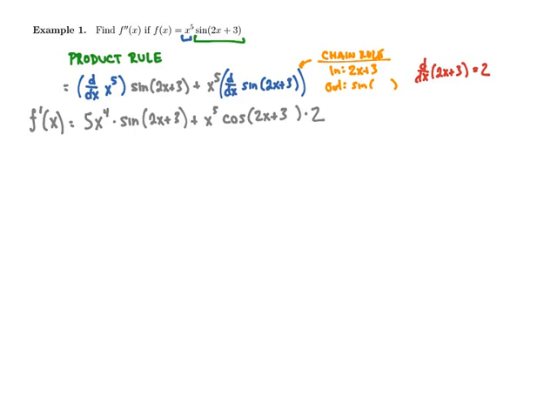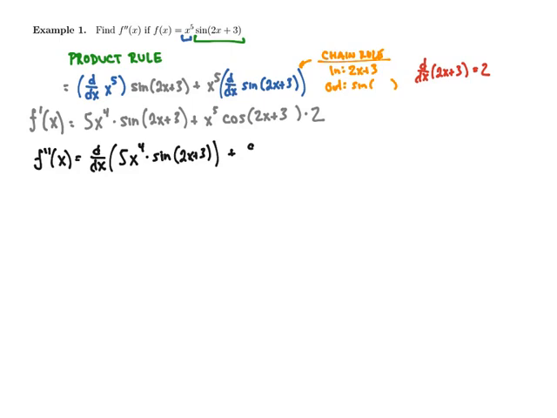Now we're going to try to find the second derivative of a more complicated function. And we're going to have to do two different things. So to find the second derivative, we're going to find the derivative of this first chunk, 5x to the fourth times sine of 2x plus 3.